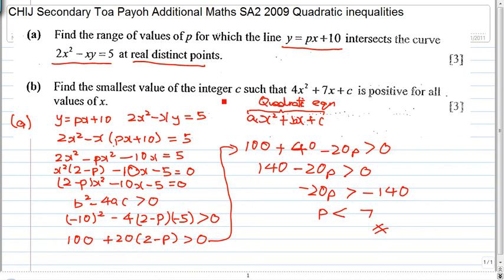Find the smallest value of the integer c such that 4x squared plus 7x plus c is positive for all values of x. Well, what they are trying to say here is that this quadratic expression, a quadratic curve, is positive for all values of x.